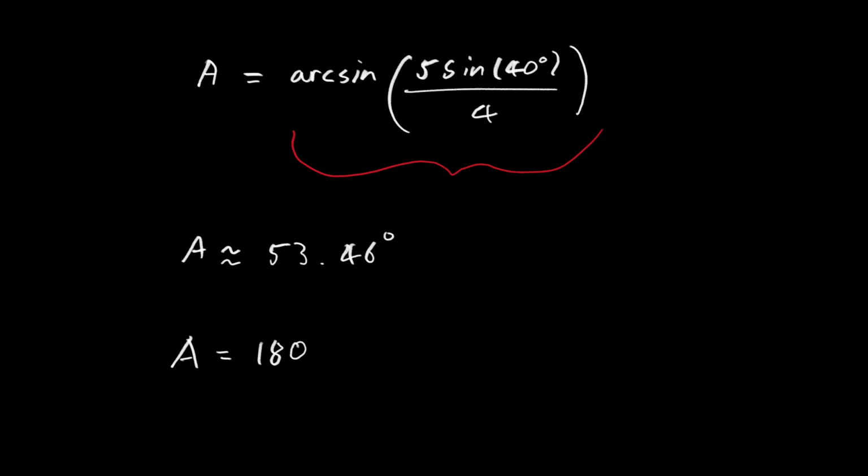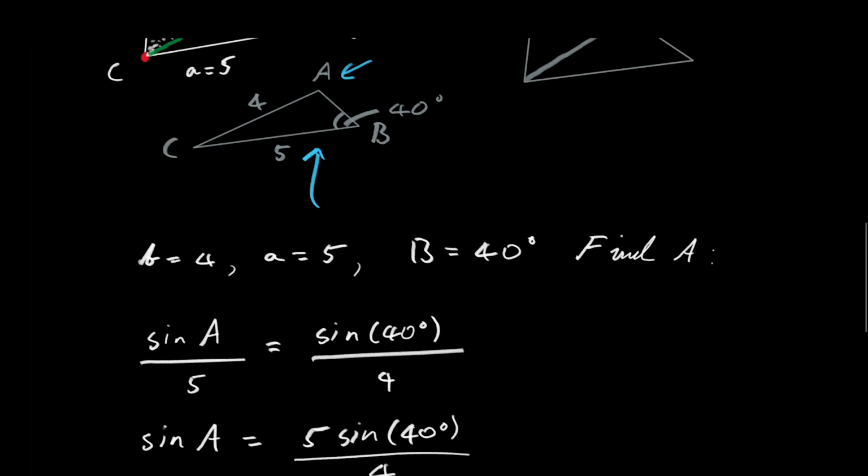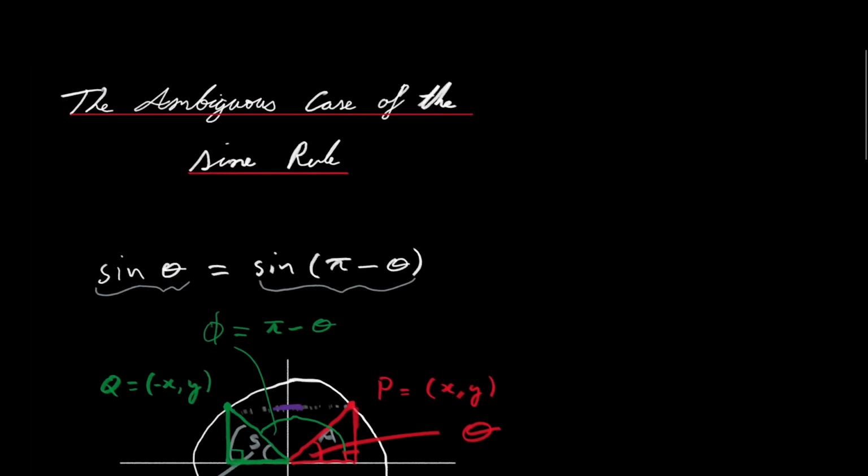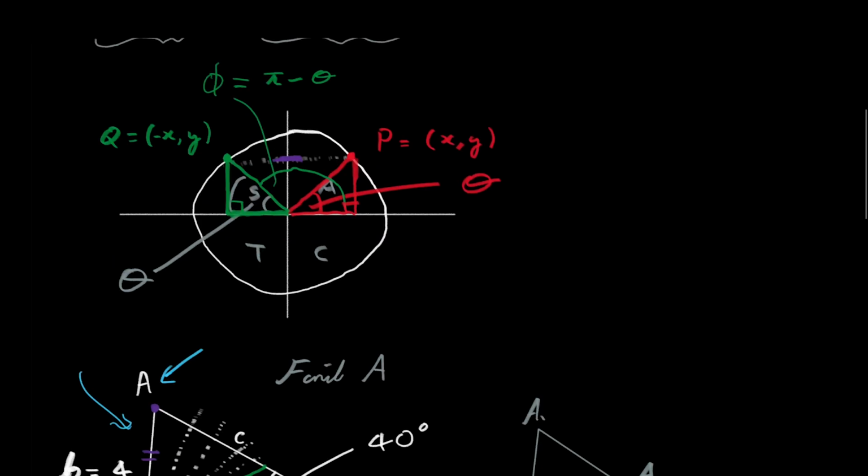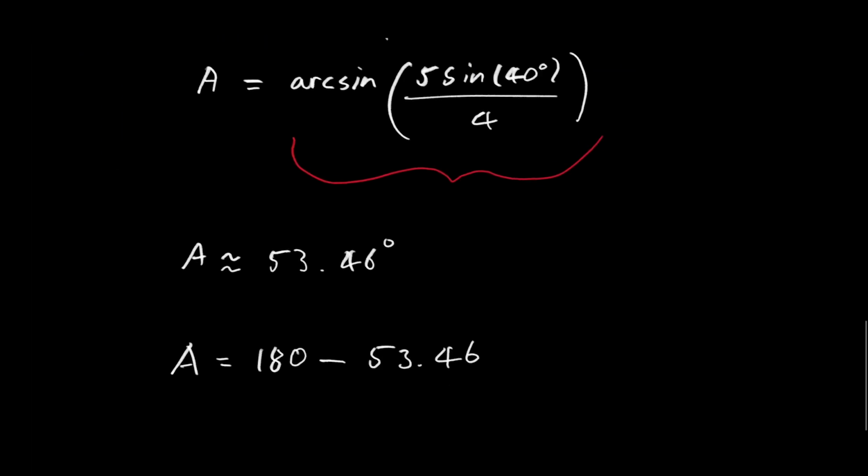Now, it might be tempting to subtract 53.46, but that's just an approximation for the angle theta. Right now, we're taking pi minus the angle theta, or because we're working in degrees, 180 degrees minus theta. It turns out that this is really our A if we knew that we were looking for an obtuse angle. If we don't know, then both of these are solutions for A, and there's no reason to exclude one of them.